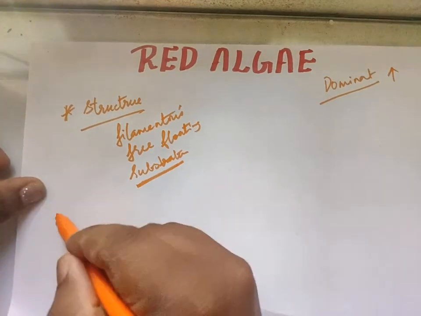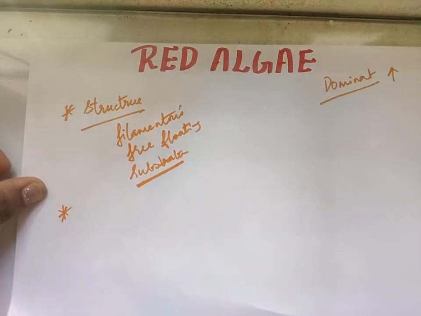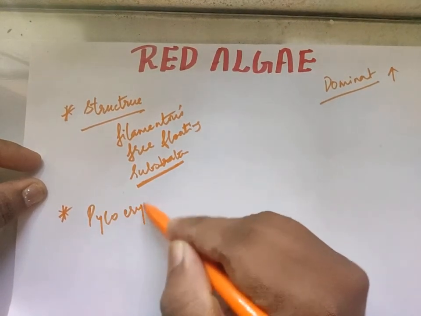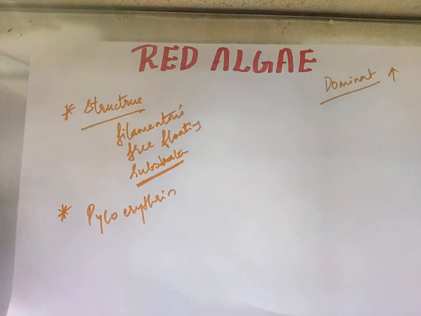Now what makes the red algae impart red color? As you know, it is because of the pigments, and the main pigment here is called phycoerythrin. This is very important.